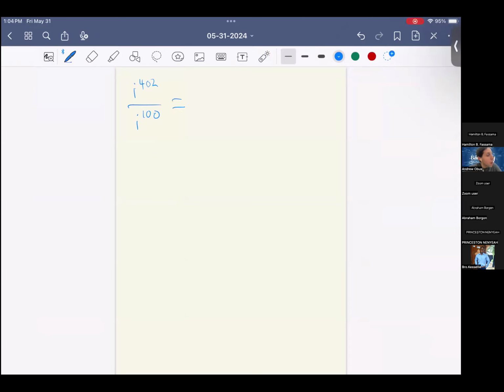One, you could just use the law of exponents and write this as i to the 402 minus 100, which is i to the 302. And then you could just do this problem. And in fact, the same thing is going to happen here. You're still going to have the remainder 2. And so in this case, you're just going to get that this is just i squared, which is -1.